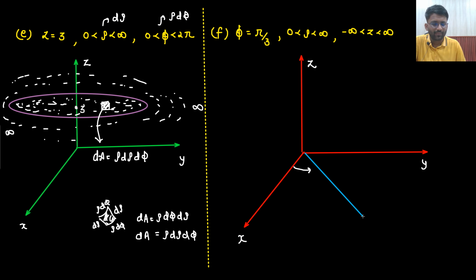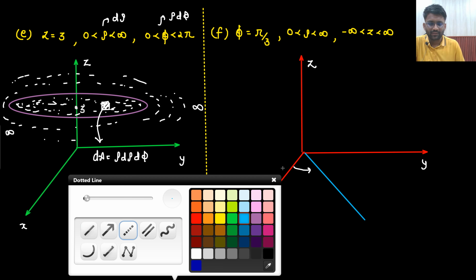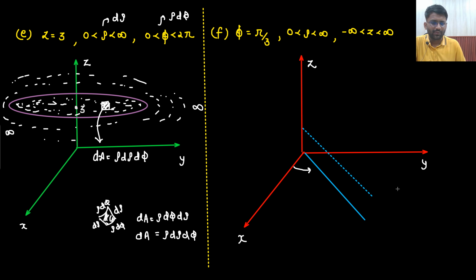Basically, rho is always going from 0 to infinity, and z is also going to infinity. So let's make it in this manner: 0 to infinity, and it will keep on going.